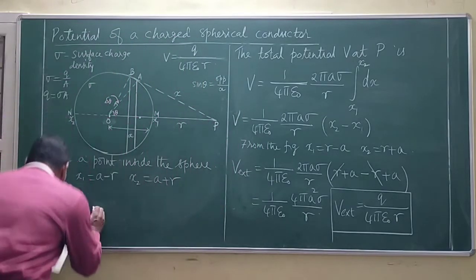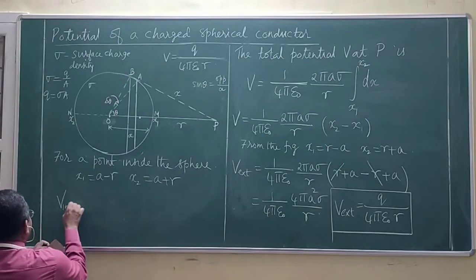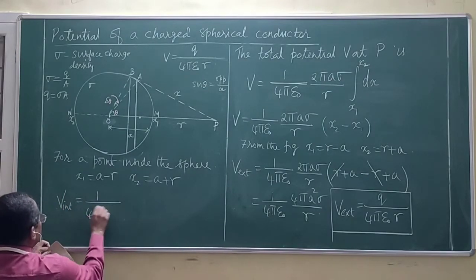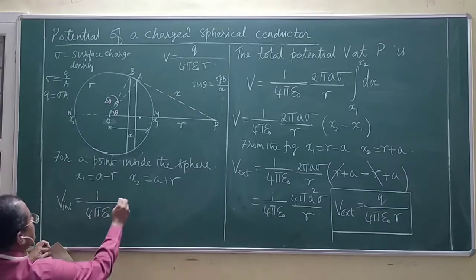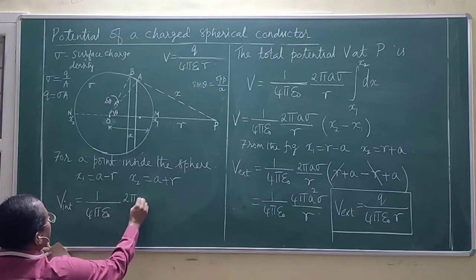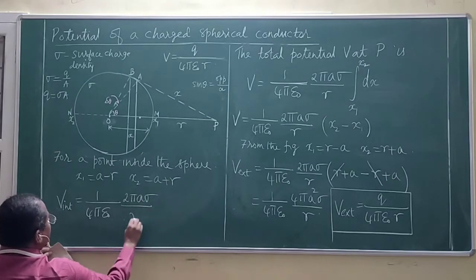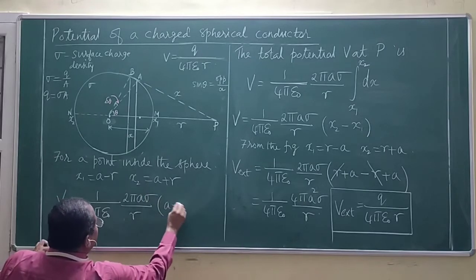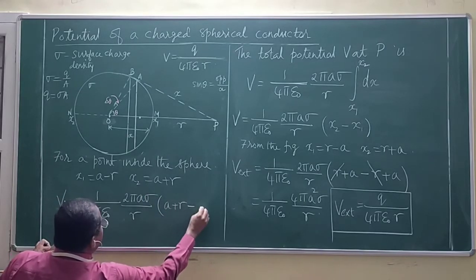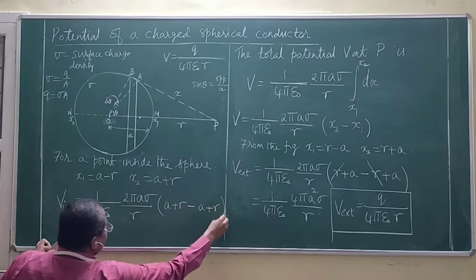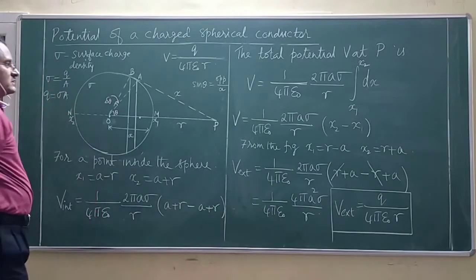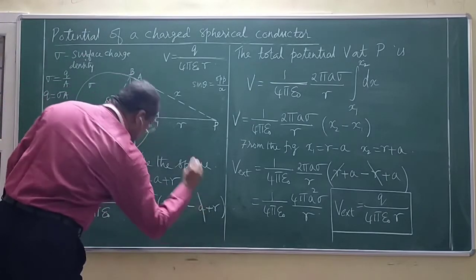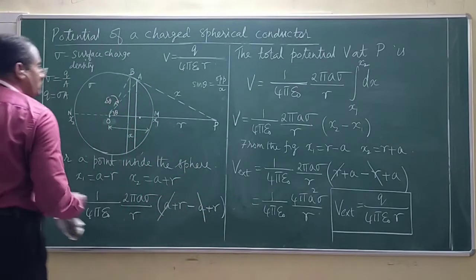Therefore, I will write V internal is equal to 1 by 4 pi epsilon naught 2 pi A sigma by R, bracket open, A plus R minus A plus R. Is that clear to you? Plus A minus A goes off to give me 2R.